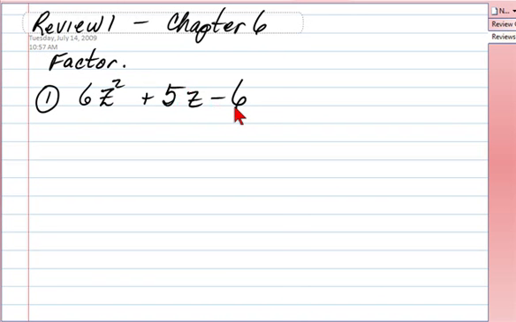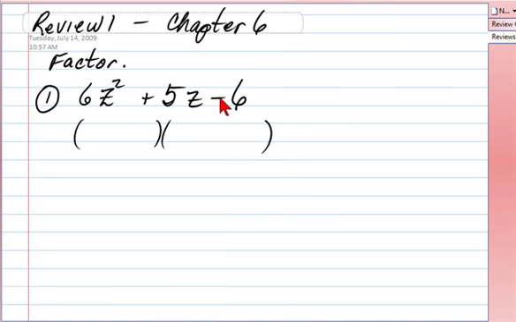Now, please notice we've just been working with a lot of equations to solve. This is not an equation to solve. This is a factoring expression, so there's no equal sign. So first thing I do, greatest common factor. Is there one? No. The next thing I do is notice that it is a trinomial, so I'm going to go with trial and error.